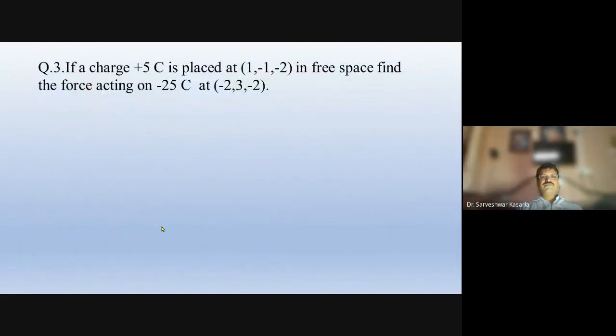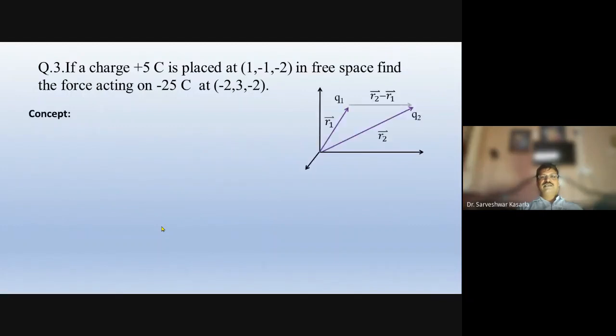Let us first draw the diagram to understand the concept. Q1 is the charge, and Q2 is another charge. Here both charges are considered as positive charges. Then the force acting on Q2 by Q1 will be along the direction r2 minus r1, where r1 is the position vector of q1 and r2 is the position vector of q2.